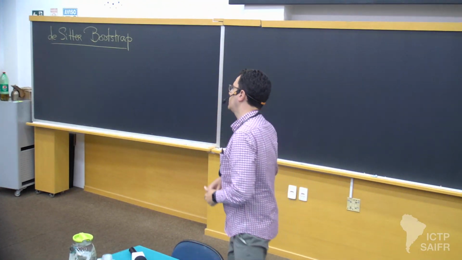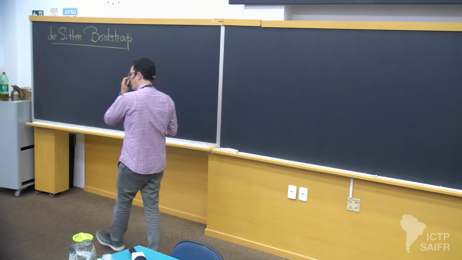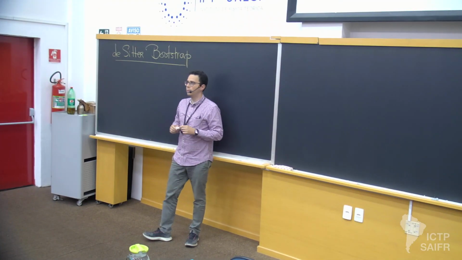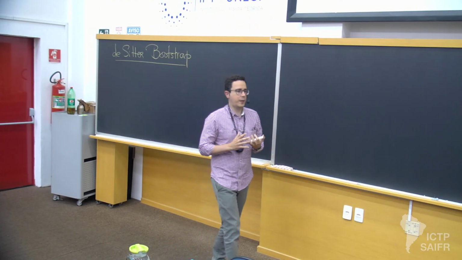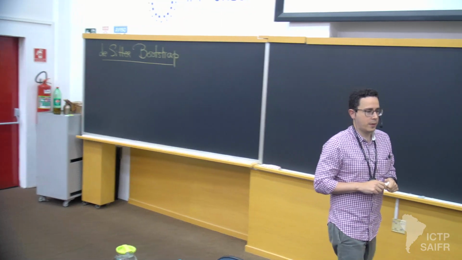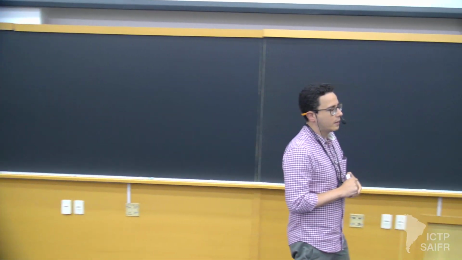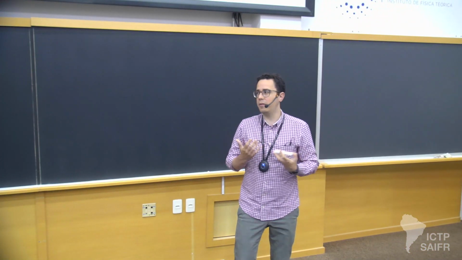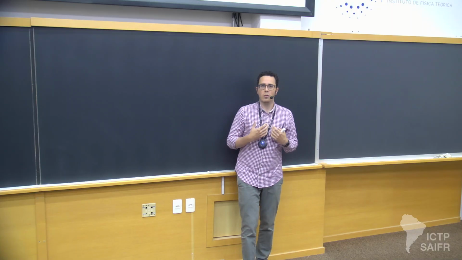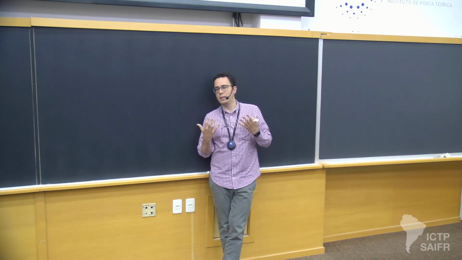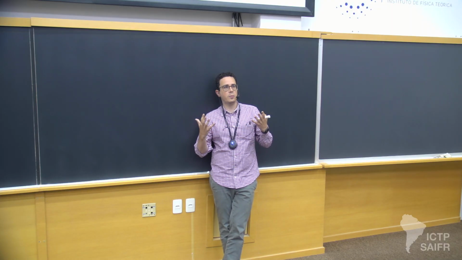Okay, so let's have a little recap. We have this picture of the birth of the universe that gives us a theory of structure formation. We think that the universe underwent this accelerated expansion, cosmic inflation.